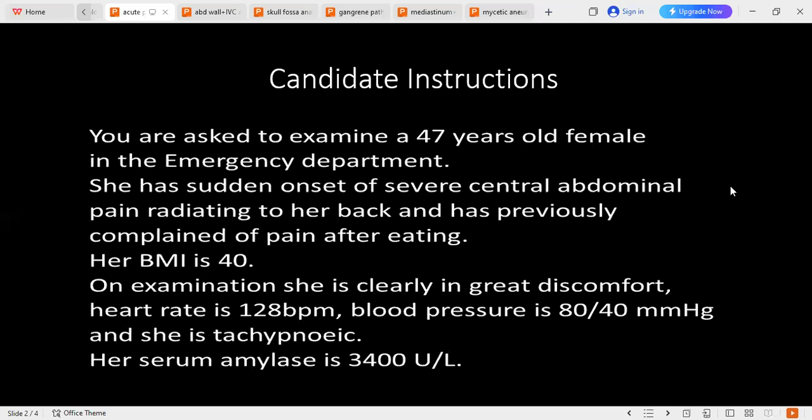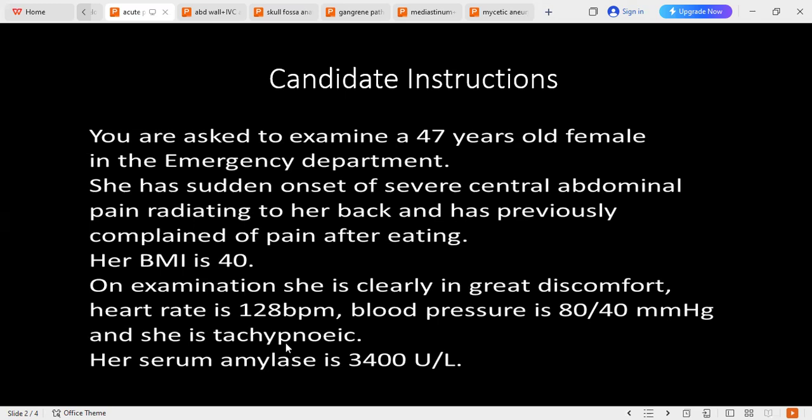Please tell me why this patient is tachypneic. It could be due to pain, sepsis, irritation of the diaphragm, lower lobe pneumonia, or pulmonary embolism.